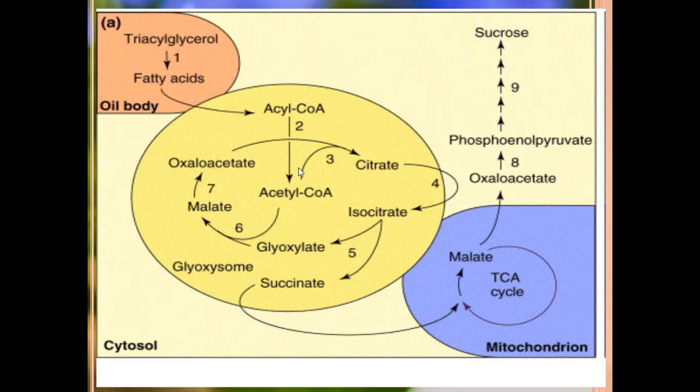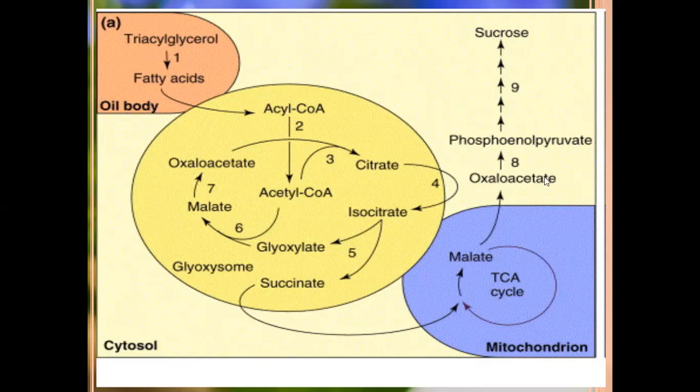By this glyoxylate cycle, four carbon atoms of oxaloacetate are released and enter into the cytoplasm through the glyoxysomes. At the same time, the four carbon atoms of oxaloacetate enter into the cytosol from the mitochondria.